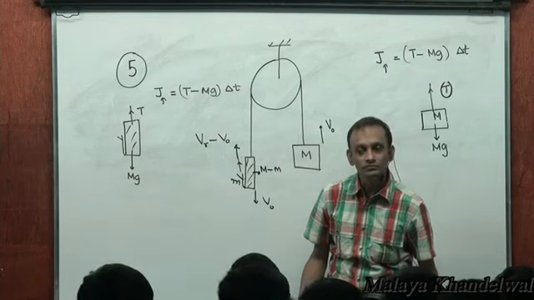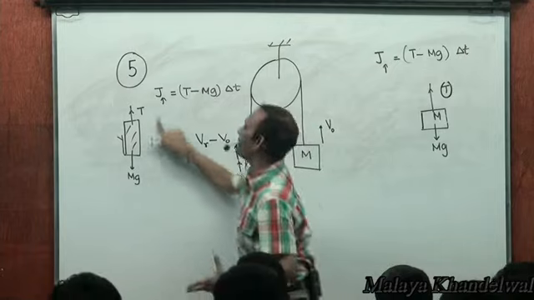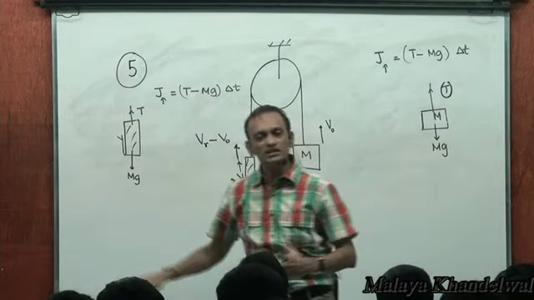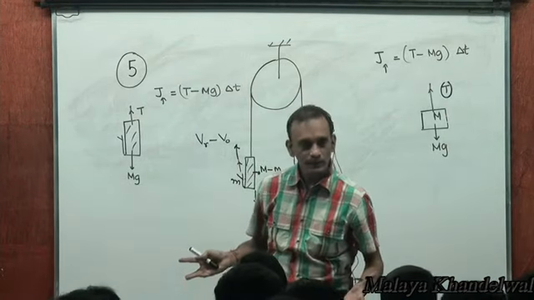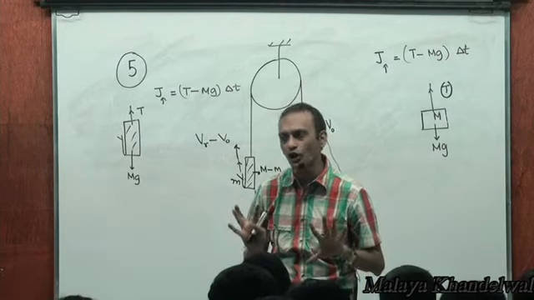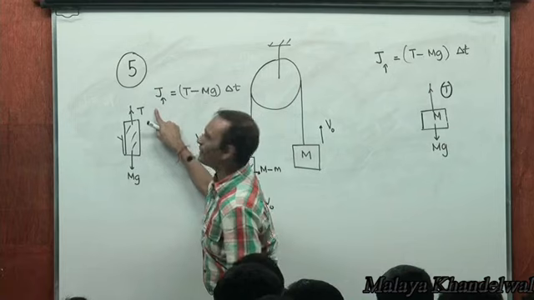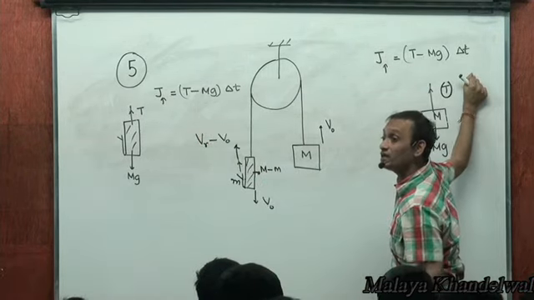Yes or no? Yes, impulse means what? Change in linear momentum, no? So if the same impulse acts on the two, then it must come with the same change in linear momentum on the two sides, isn't it? The vertical linear momentum gained by this must be the same as the vertical linear momentum gained by this.